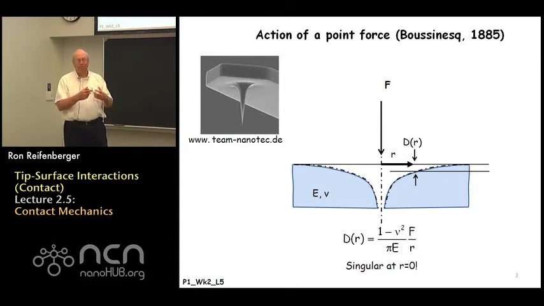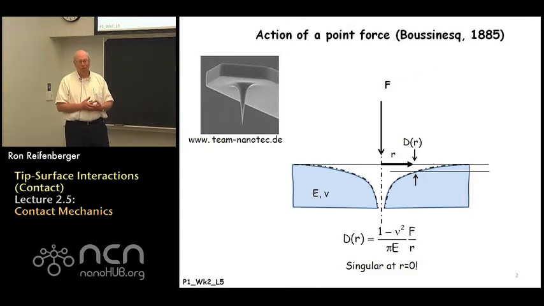Perhaps the first attempt to describe this occurred in 1885 when a point force was applied to a substrate, and the deformation D that occurs as a function of radial distance from the application of that force is written down in this equation.